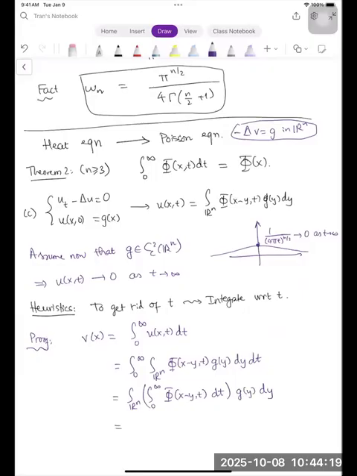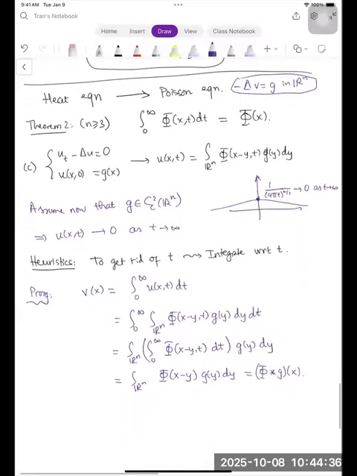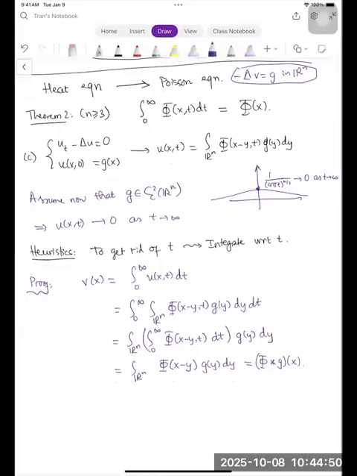And this gives me, by theorem 2, exactly the fundamental solution to the Laplace equation, phi of x minus y times g of y dy, or you can write it as phi convolved with g at x. So it's really cool that when I integrate with respect to time, v is exactly the convolution of phi and g. And that's the first part.